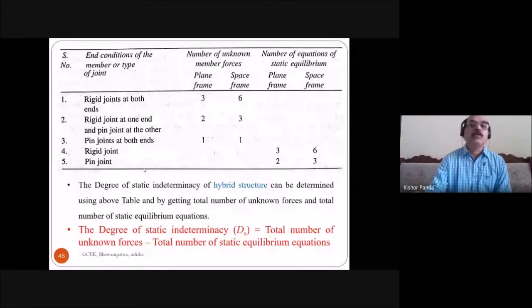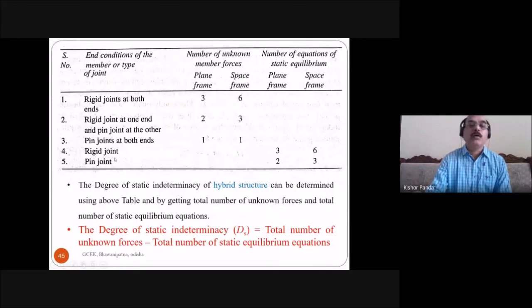Because here, for different end connections of members, it shows the number of forces, and for different joints, the number of static equilibrium equations. So using this table, you can find out the degree of static indeterminacy of a hybrid structure, and also of other structures.